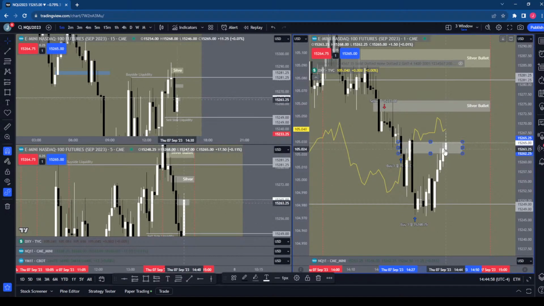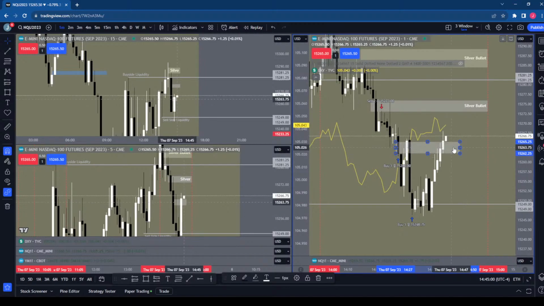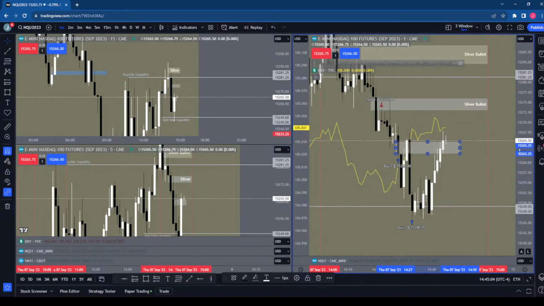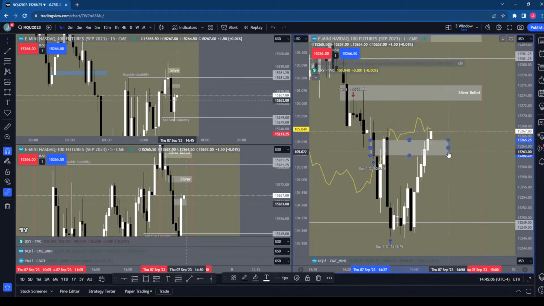Ooh, close right above it. This could be acting as an inversion fair value gap now.